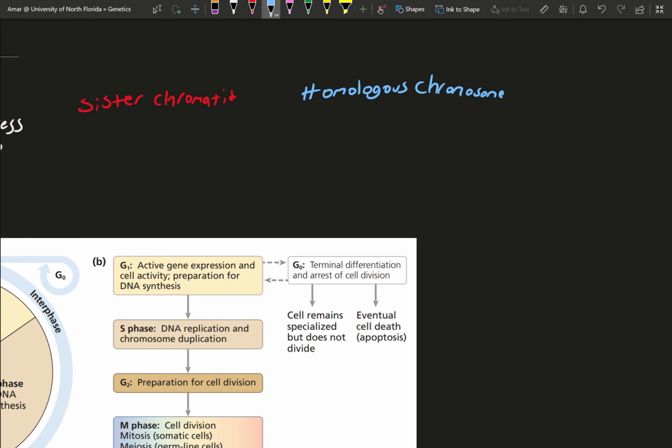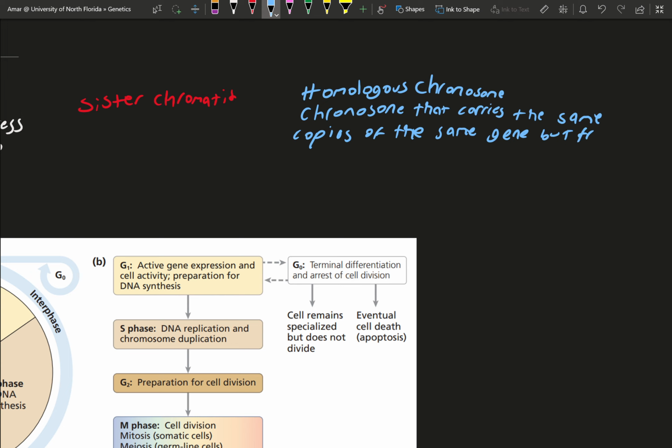A homologous chromosome is a chromosome that carries the same copy of the same gene, but from different parental origins.